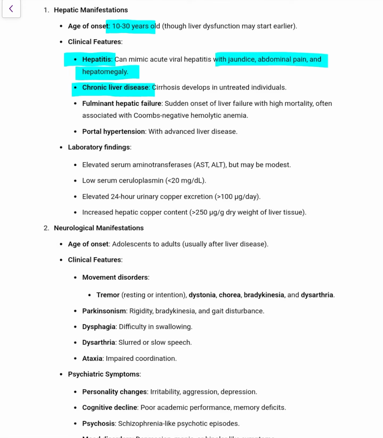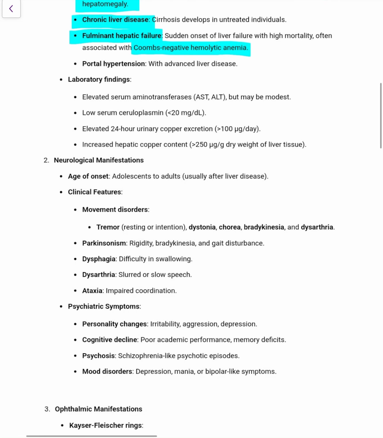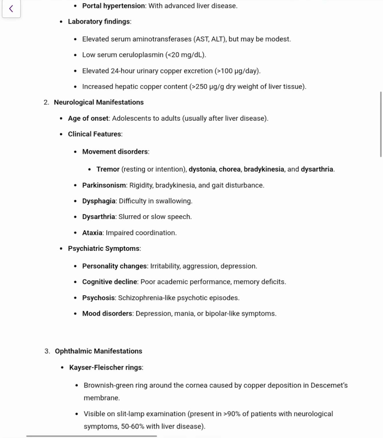If Wilson's disease is untreated, patients might land up in chronic liver disease or even decompensated chronic liver disease. Next is fulminant hepatic failure. It is sudden onset liver failure with high mortality, and it is often associated with Coombs negative hemolytic anemia. Other complications of liver failure can be portal hypertension symptoms or hepatic encephalopathy. Lab findings we'll see in the diagnostic section.